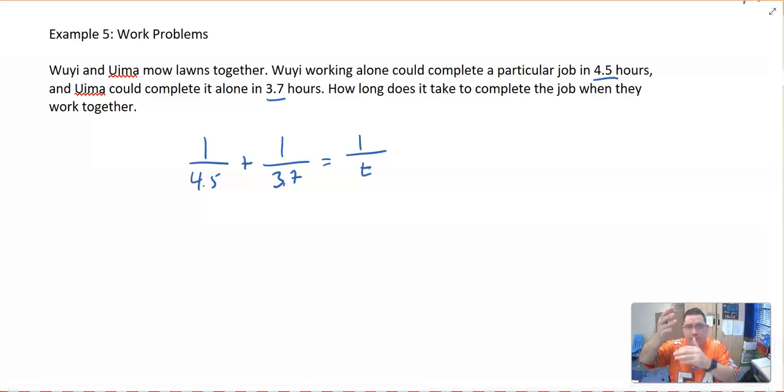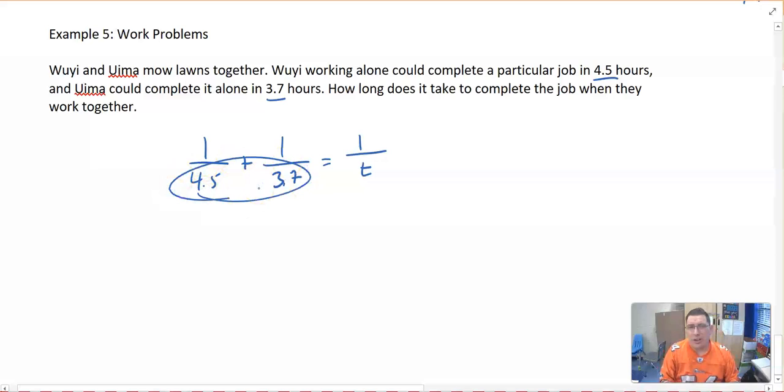It's one job divided by 4.5, and then one job divided by 3.7, and then one job between them over the time that it's actually going to take them. And so if you were told that they could complete 2 jobs in 7 hours, you would have 2 over 7. That would be the ratio you would put there. And so when we solve this out, we need a common denominator here, and the quickest common denominator is just to multiply these two numbers together.